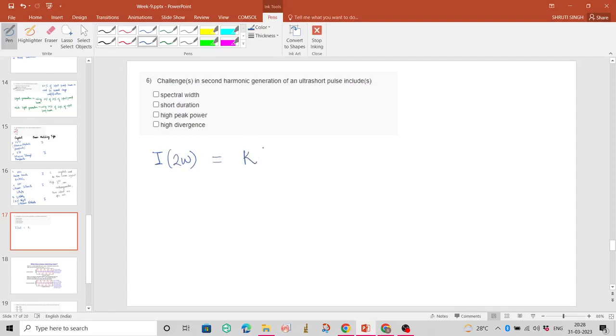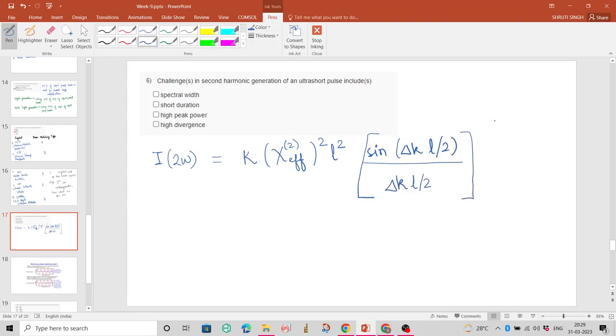It is given by K. So this is the intensity of the second harmonic which we get.